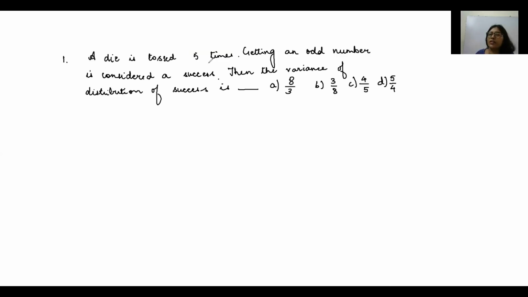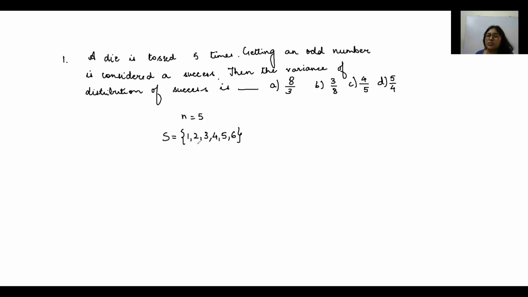The question is: a die is tossed 5 times. That means we are taking 5 trials, and so our n is 5. n represents the number of trials. Getting an odd number is considered success. So in a die we know that we get 1, 2, 3, 4, 5, 6 as our outcomes, so that is the sample space.